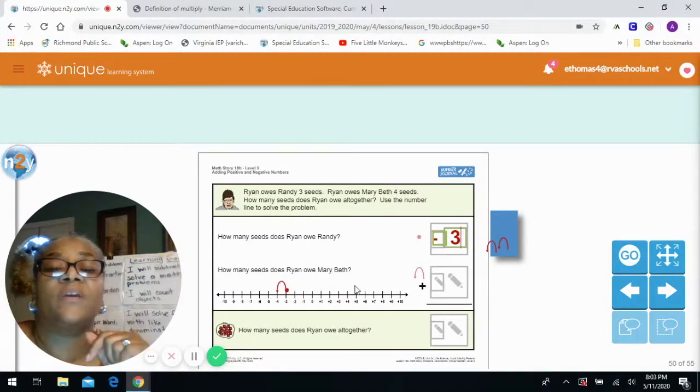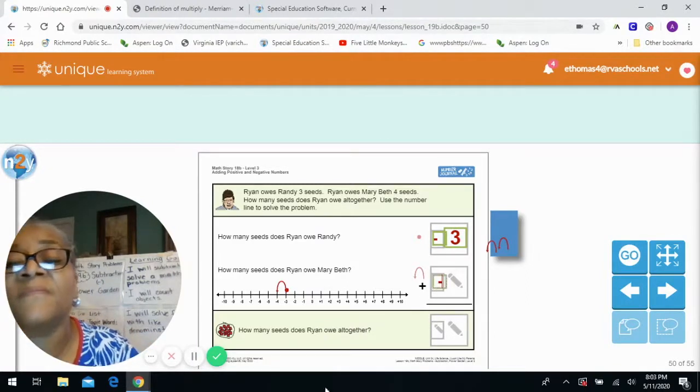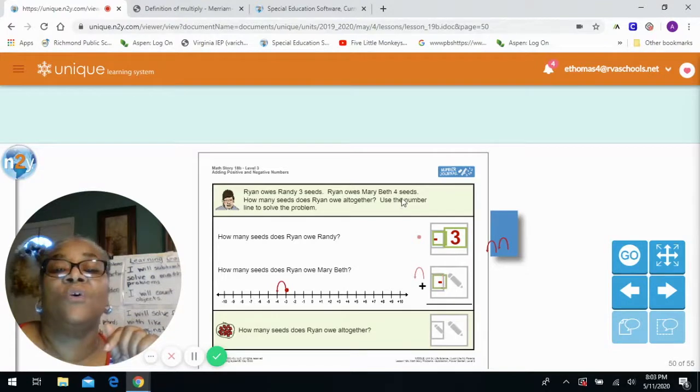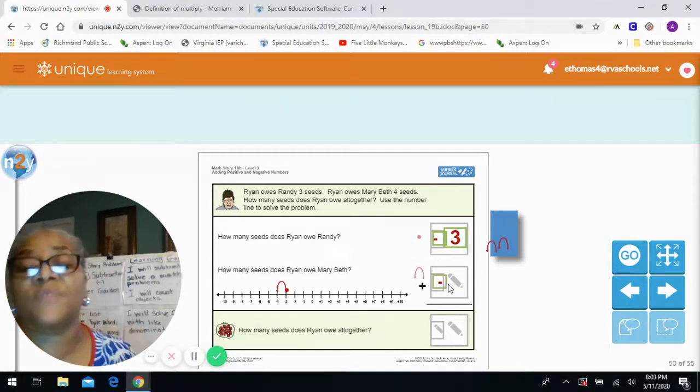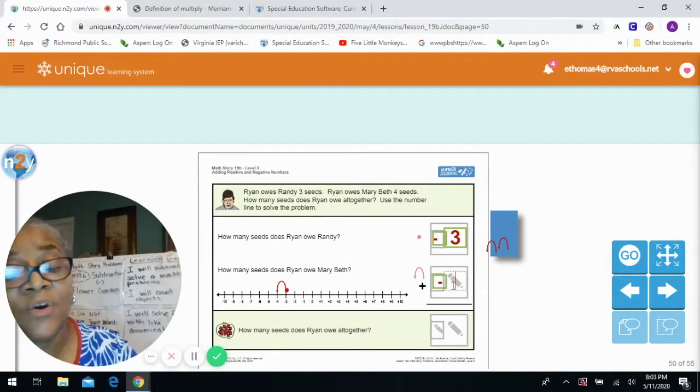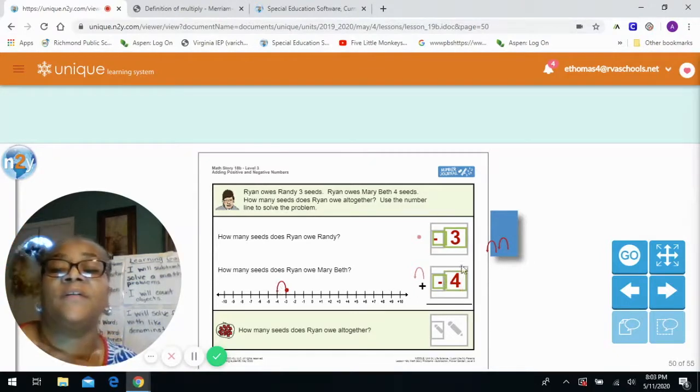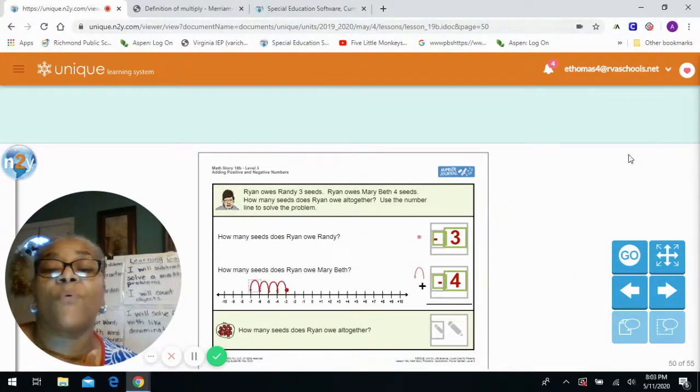So now we can count and see. Owes is what? A negative. And she owes what? 4. So let's fill that in. She owes 4. Okay, so now let's count. So that's 1, 2, 3, and 4.